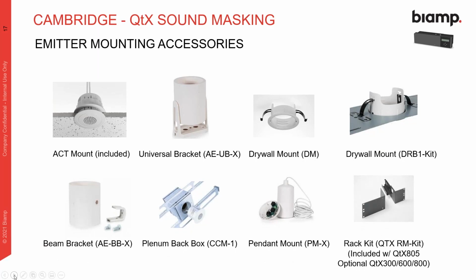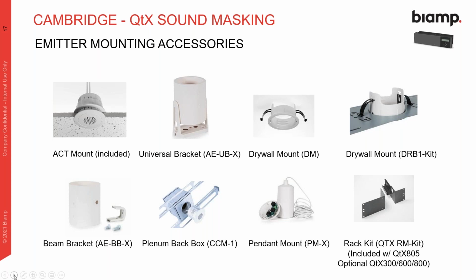I'll just bring your attention to a couple of them. We have accessories across the board for drywall, for hard lid, for ACT, for beams and such. But the key ones are the universal bracket, which is the AEUBX, either white or black. This is probably our most common accessory for open deck and hard lid ceilings that can't be penetrated.